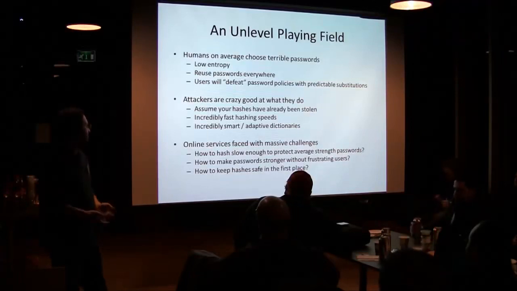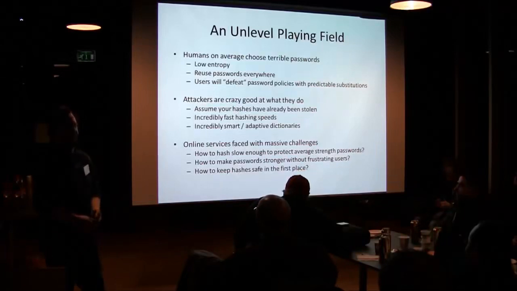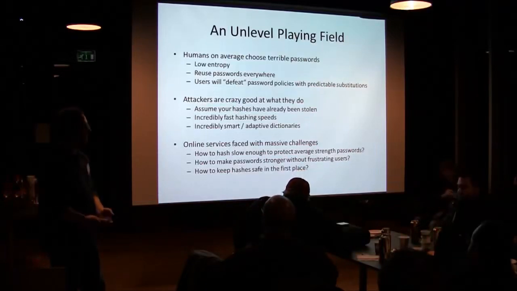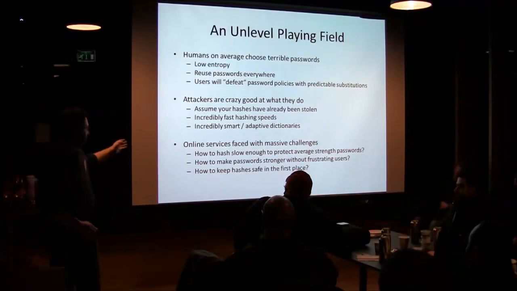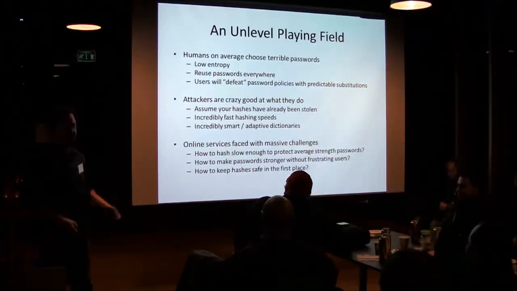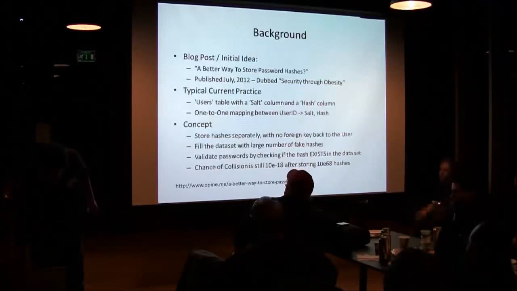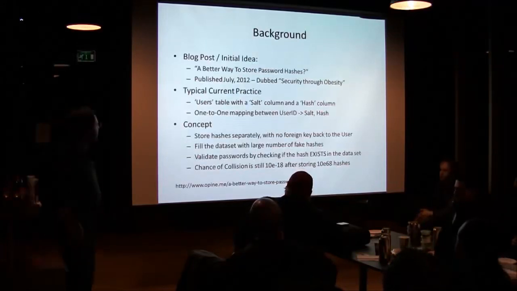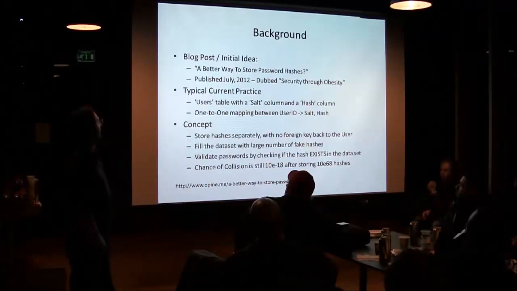How do you make the password stronger without making the user want to log out and never come back? And how do you keep the hashes safe in the first place? To me, it seems like if you can't do number 3, number 1 and 2 are sort of just like you're hanging on threads. So the initial blog post was: a better way to store password hashes?